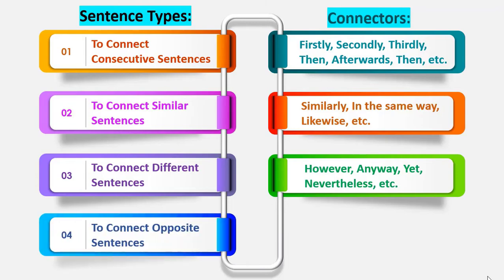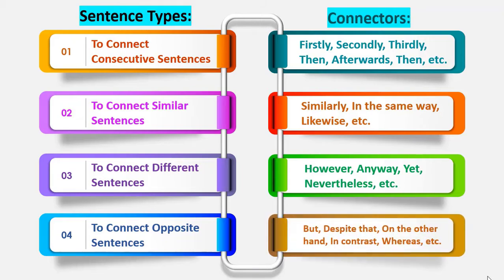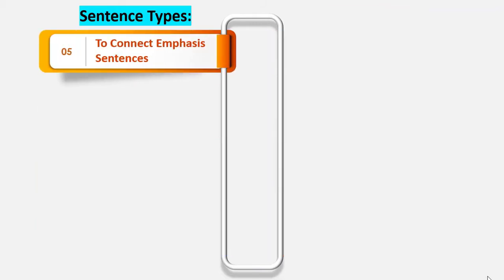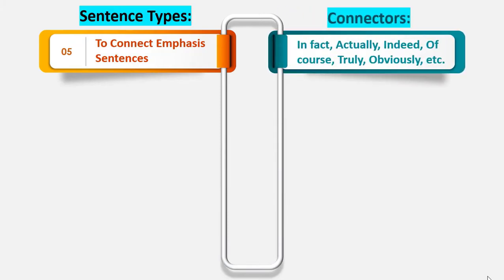To connect opposite sentences, and the connectors are but, despite that, on the other hand, in contrast, whereas, etc. Rule number 5. To connect emphatic sentences, and the connectors are in fact, actually, indeed, of course, truly, obviously, etc.